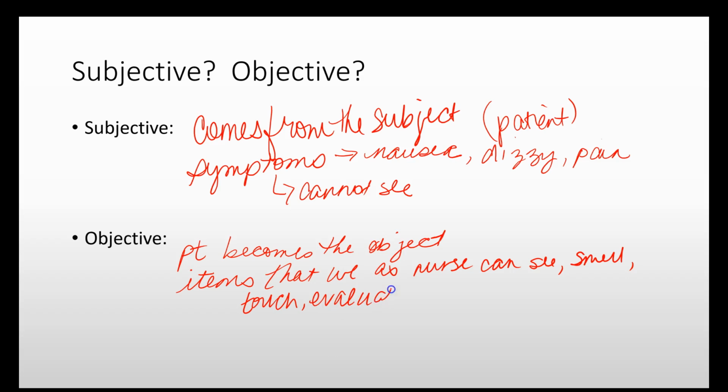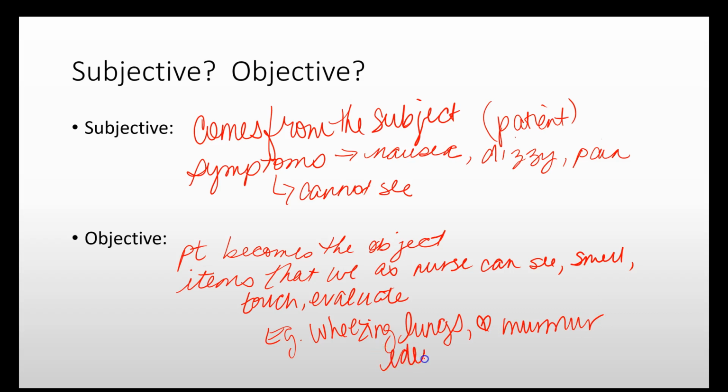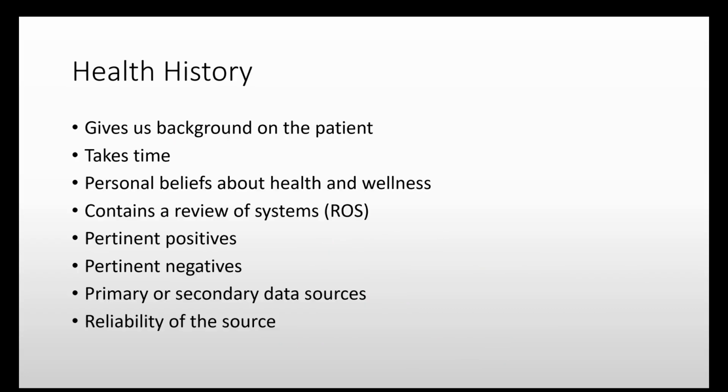So our examples of this are wheezing in the lungs, a heart murmur, edema of the lower extremities. All of these are objective findings. So objective, the patient becomes the object. Subjective, the information comes from the subject.